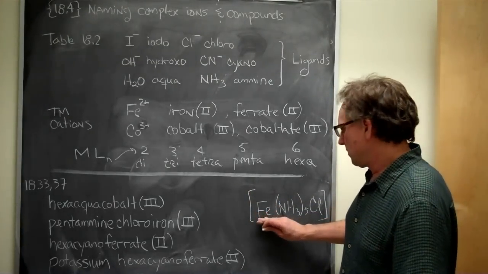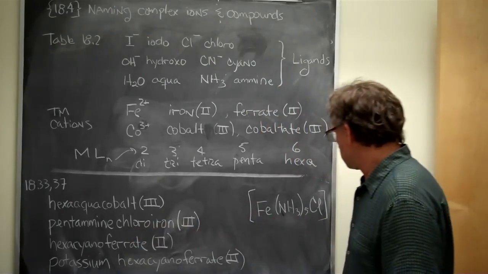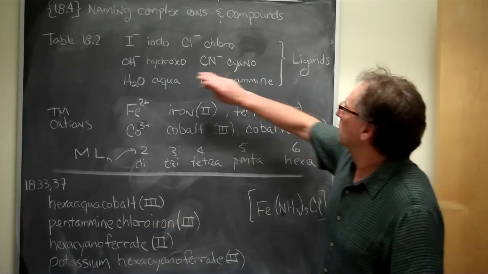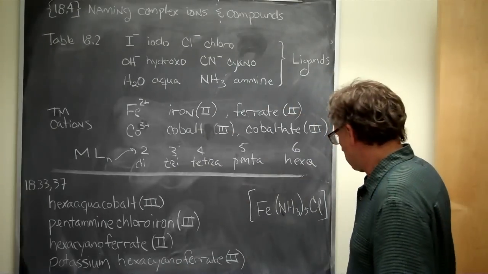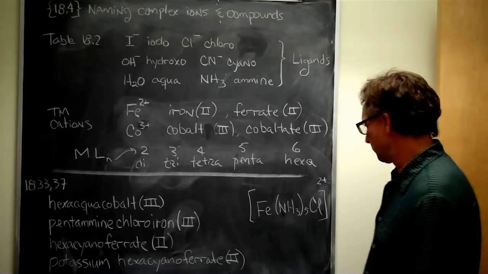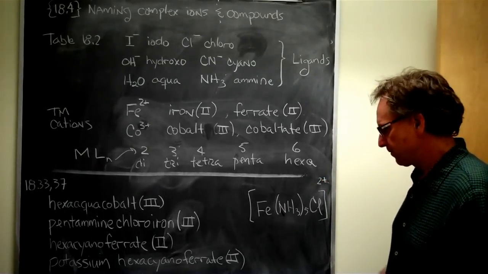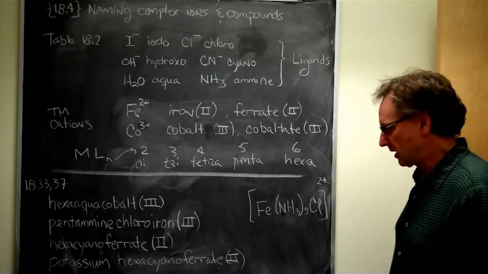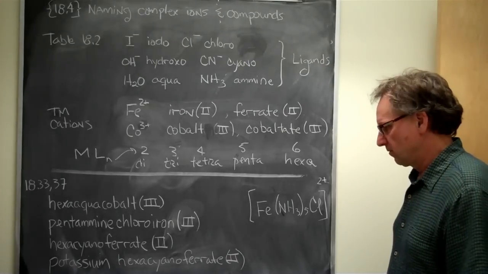Now let's see, I know that the iron has a 3+ charge, but the chloro has a -1 charge, so this must have a net of 2+ on it. Yeah? Well, if you want, you can give that next one a try.